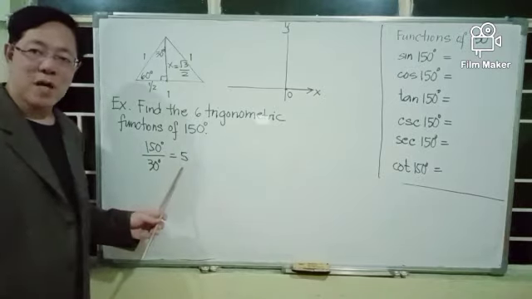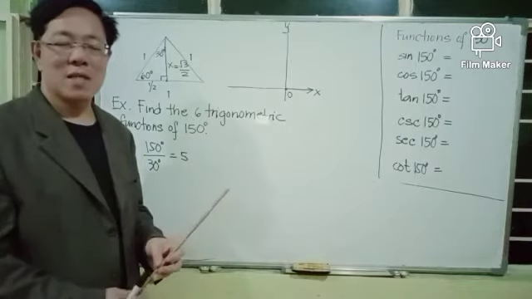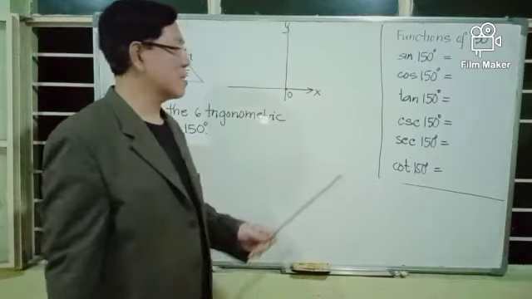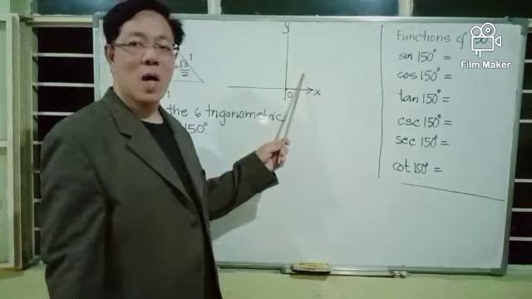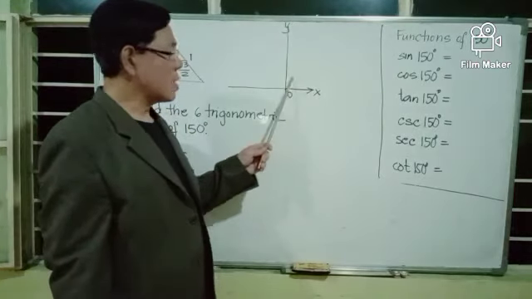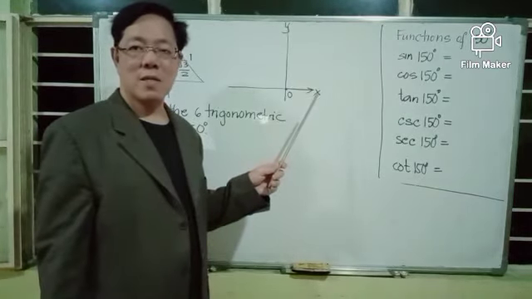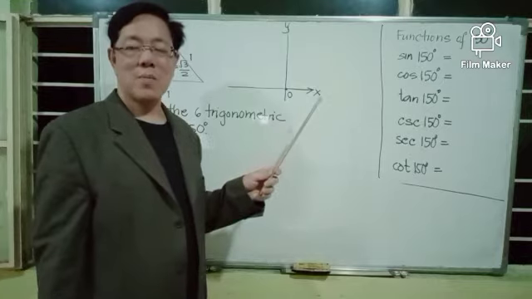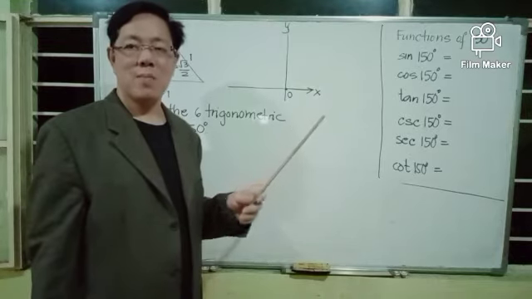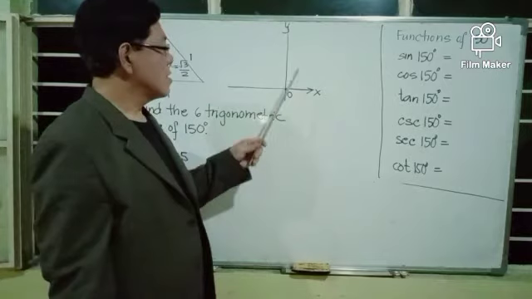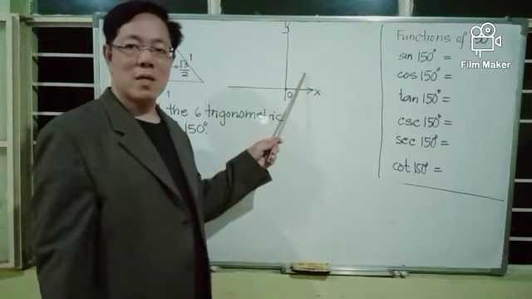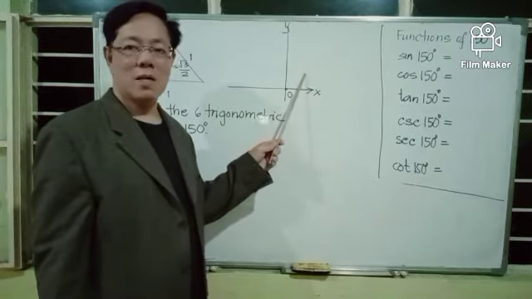Now we use this 5 as our reference for constructing the angle 150 degrees. In one quadrant, the angle is 90 degrees, and 90 divided by 30 is 3. That means that in each quadrant, there are 3 30-degree angles.